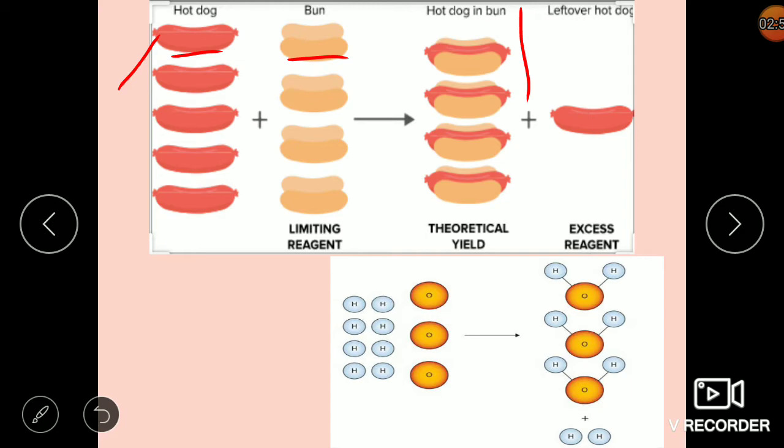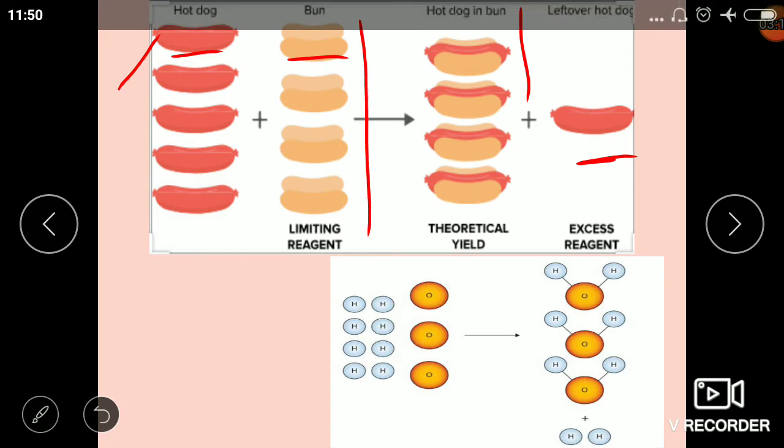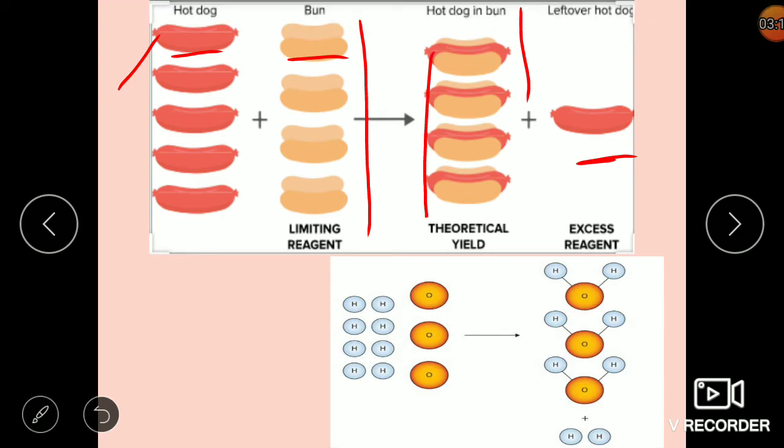And you will get one sausage extra. That means that for complete preparation, the minimum number is important.